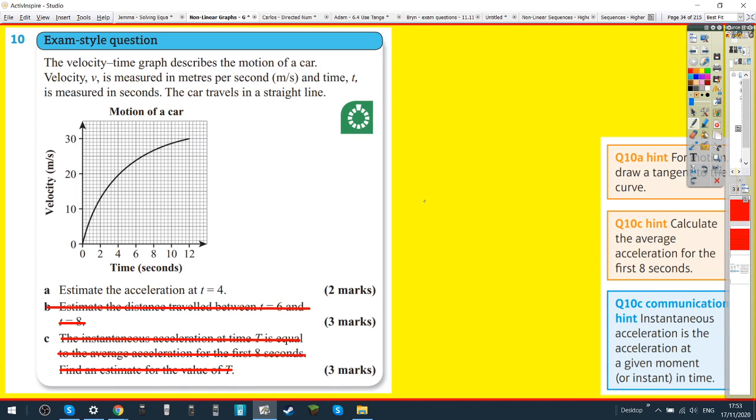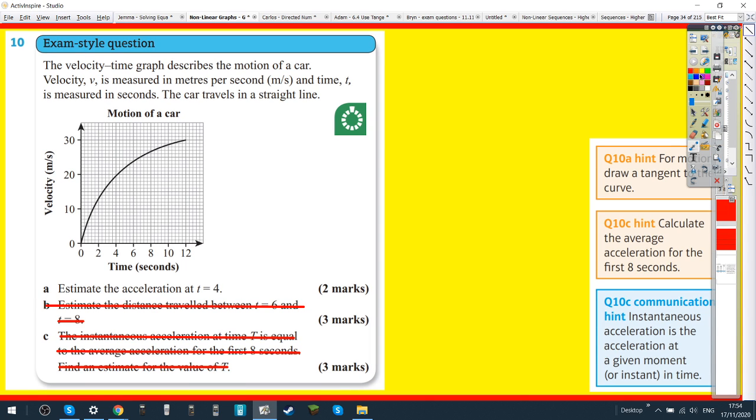Let me see something. Okay, how would we do this one? Estimate the acceleration at t equals 4. So we have to do a straight line from 4, 18. Yeah, I think it's 4, 20. Oh yeah, 4, 20.